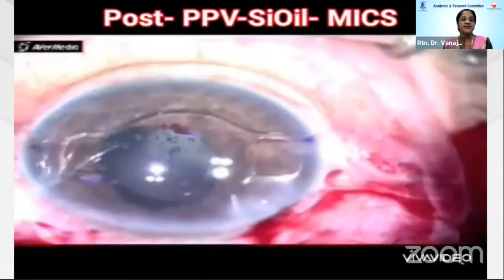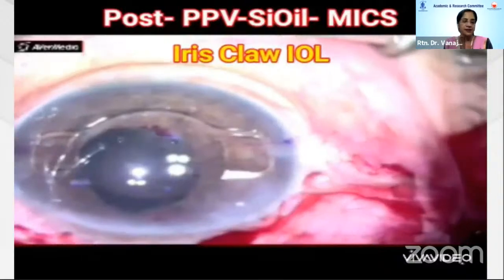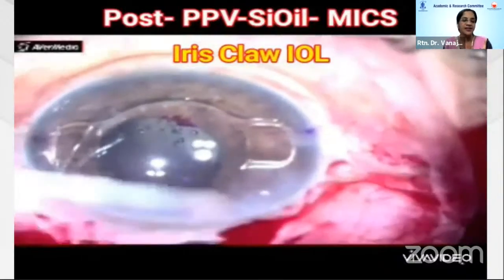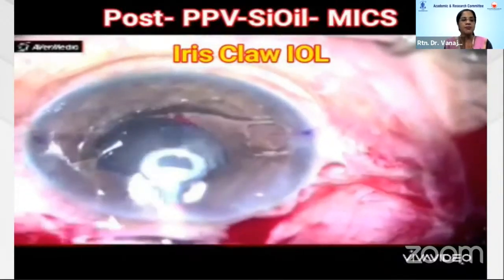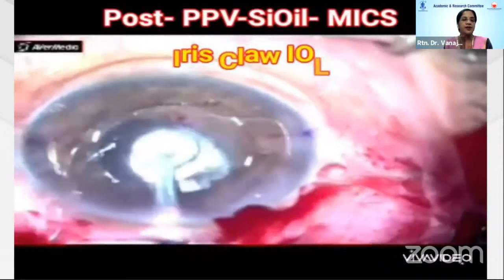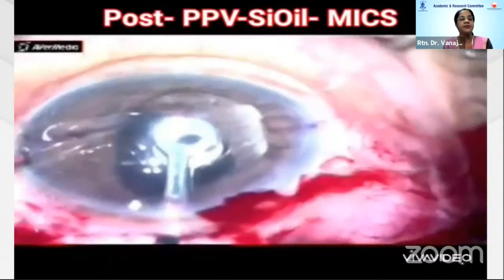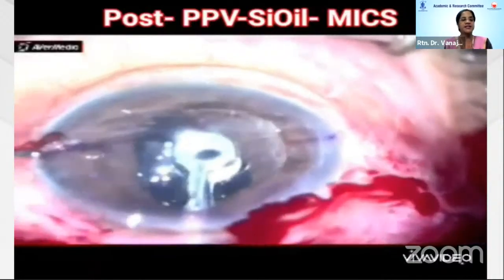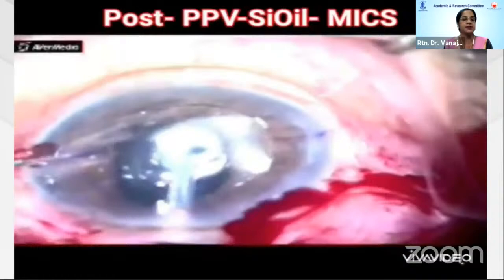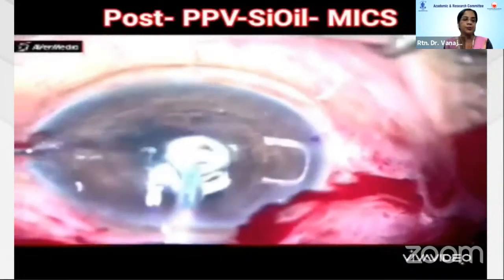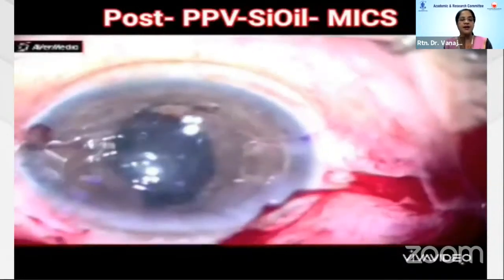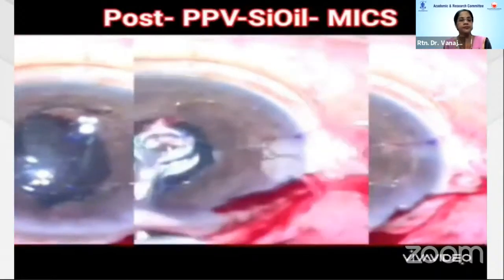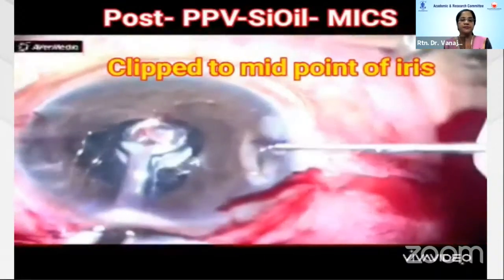So I decided to do a scleral tunnel and put in an iris claw lens. I make horizontal marks, and then make sure that the enclaving is done exactly midway between the pupillary margin and the limbus, and the same on the other side.